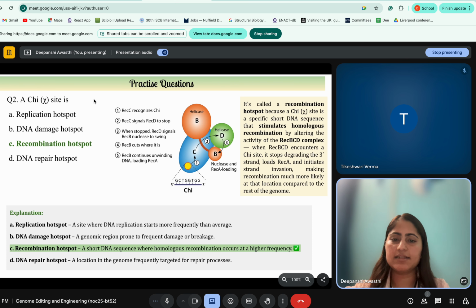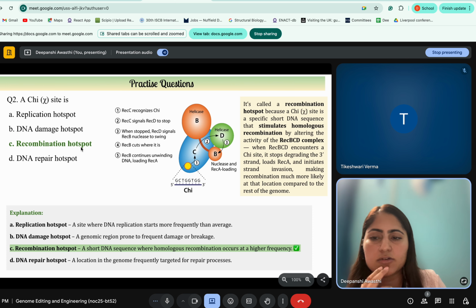So the Chi site tells the RecBCD complex to stop its helicase and nuclease activity, and that it's time to start the recombination process. Due to this it is also known as a recombination hotspot.